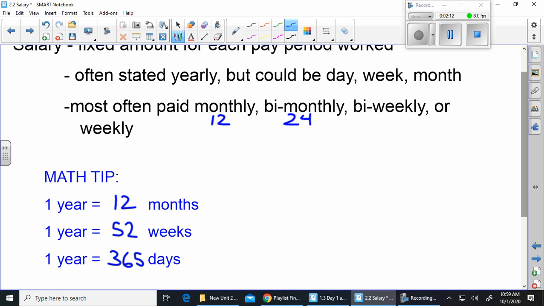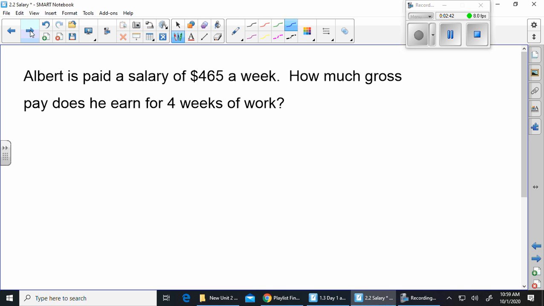If there's 52 weeks in a year, if you get paid every 2 weeks, which is bi-weekly, so I get paid bi-weekly, I get paid every other Wednesday. Well, I'm going to be paid 26 times in a year. Weekly, 52.